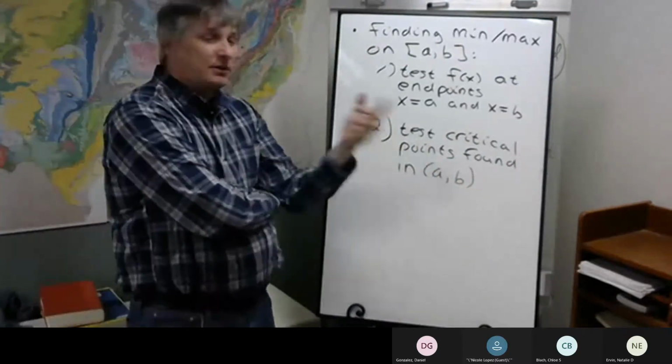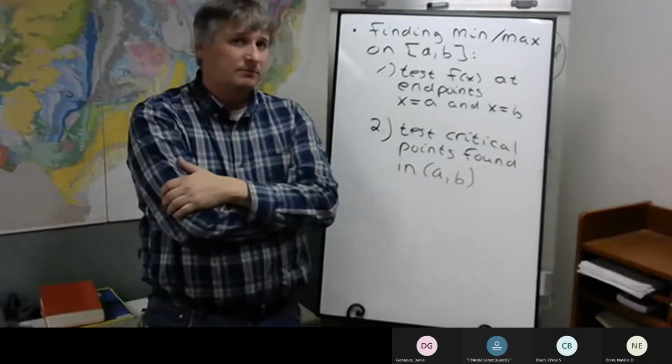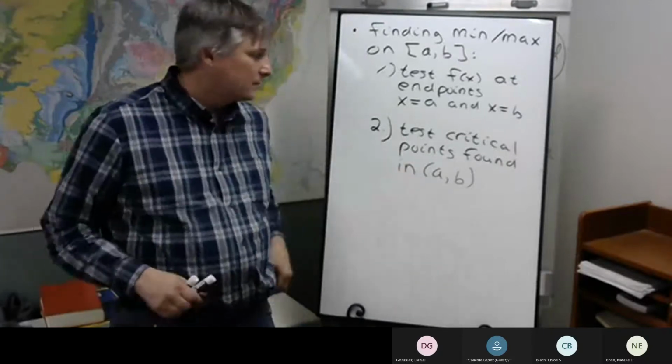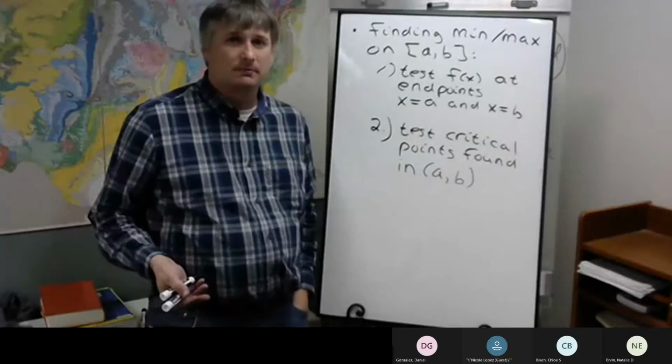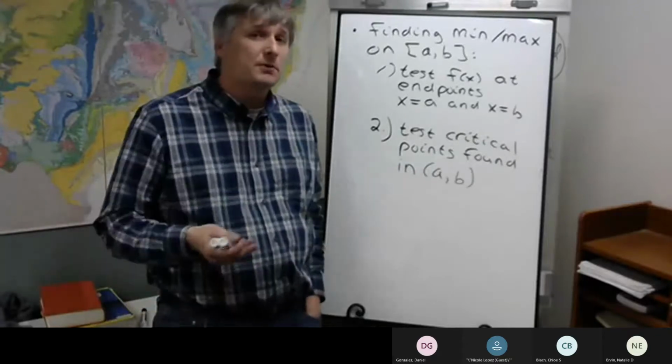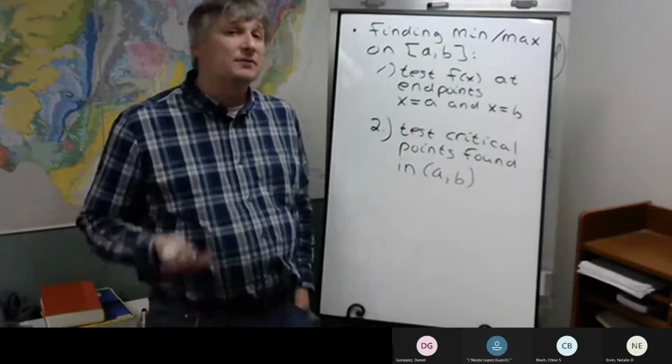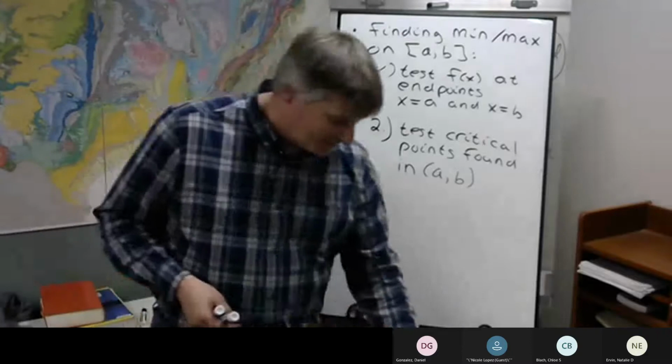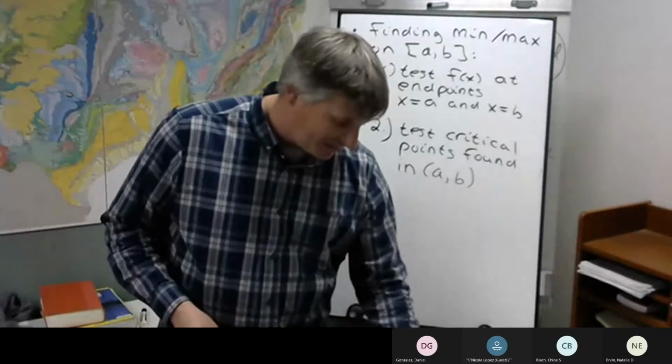So this is something we can do that we couldn't do in algebra. We can use the derivative to discover critical points, where the derivative of f equals 0 and where the derivative of f is undefined. So let's take a look at an example.